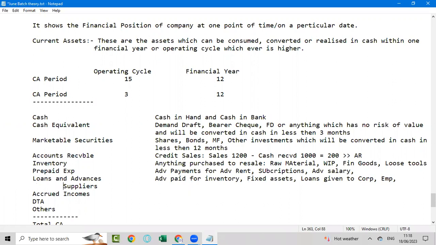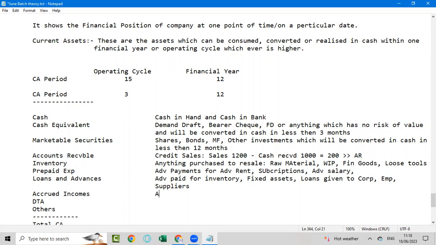So any kind of loan which you have given will be reported here, against which you will get some kind of interest. And if you have taken some loan, that will be reported on the liability side.